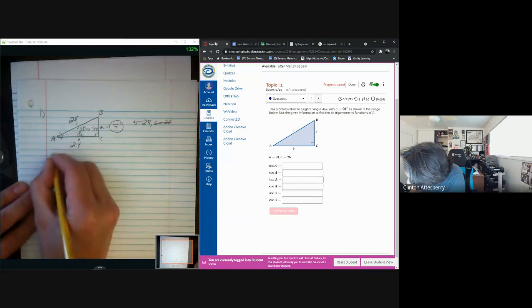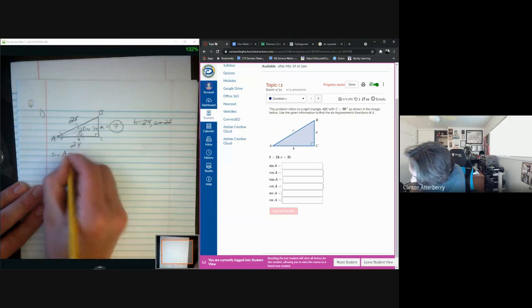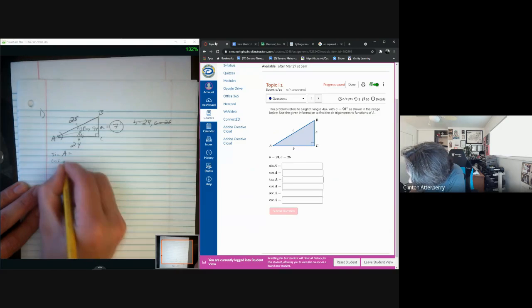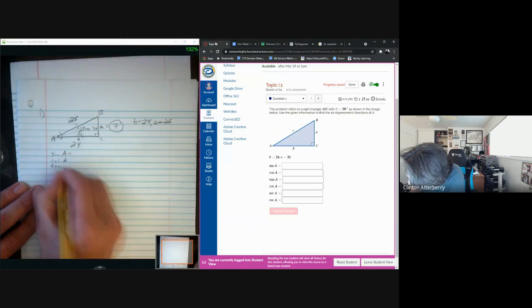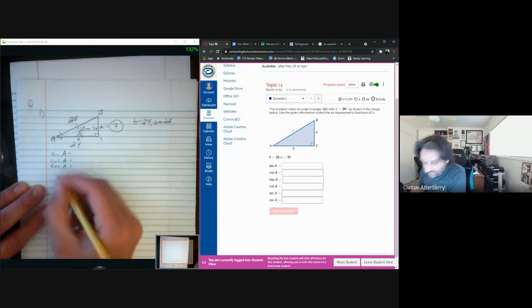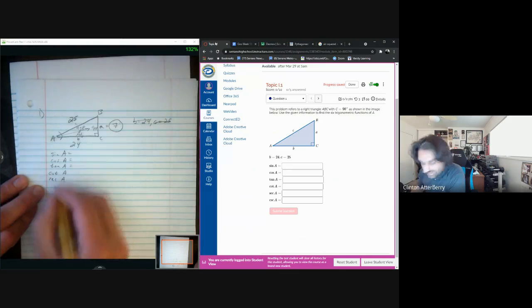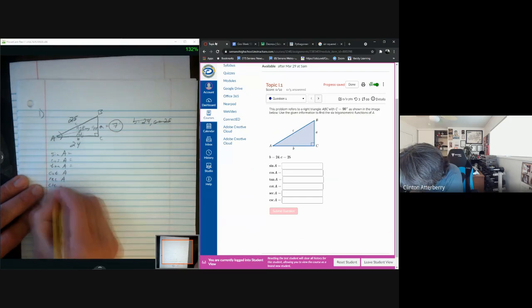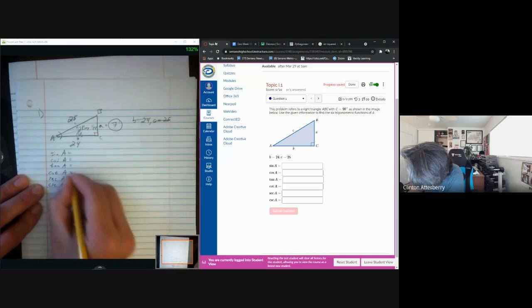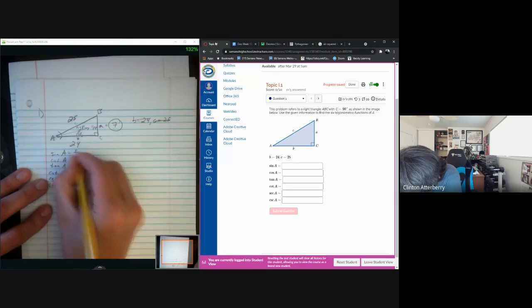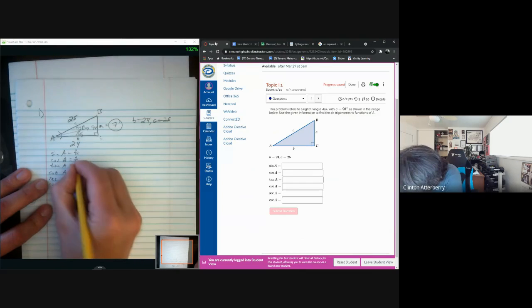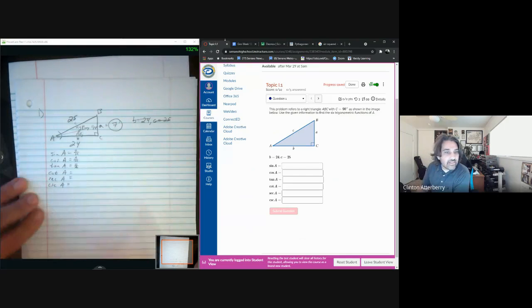For this one, it says find the sine of A, the cosine of A, the tangent of A, and then the cotangent of A, the secant of A, and the cosecant of A. As a reminder, it's opposite over hypotenuse, adjacent over hypotenuse, opposite over adjacent.